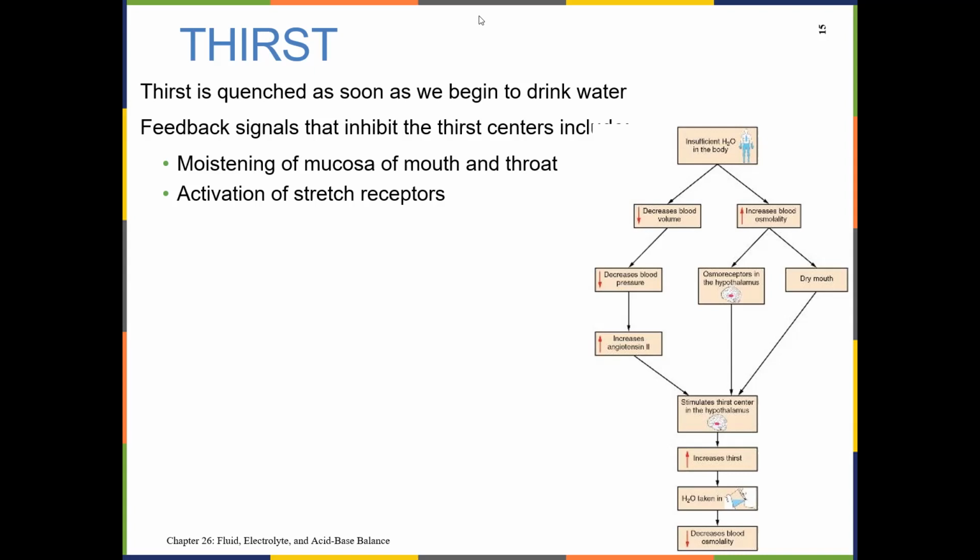Good question. When you drink a soda instead of water, you become thirsty again. Yes, soda often contains sodium.